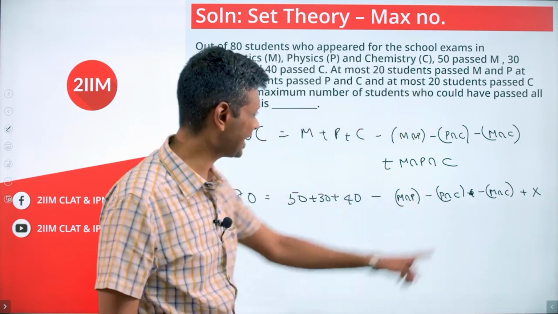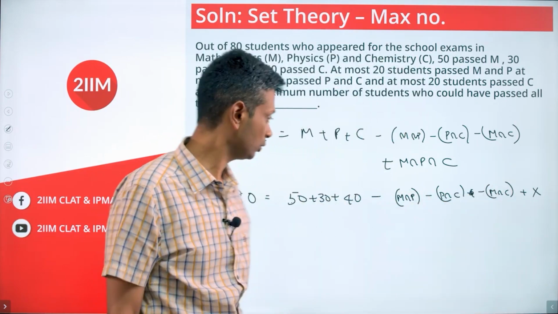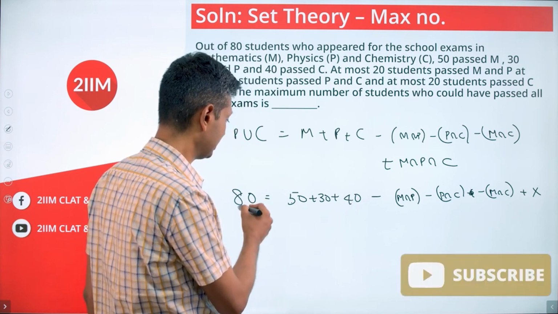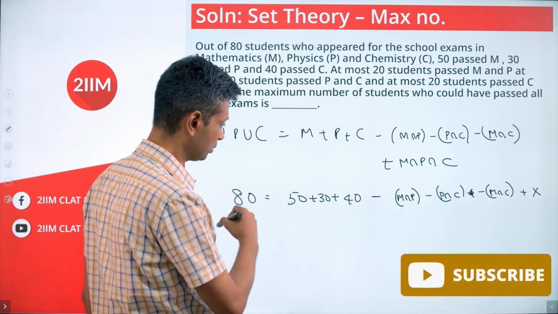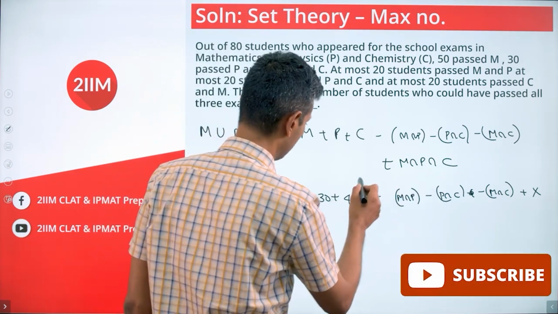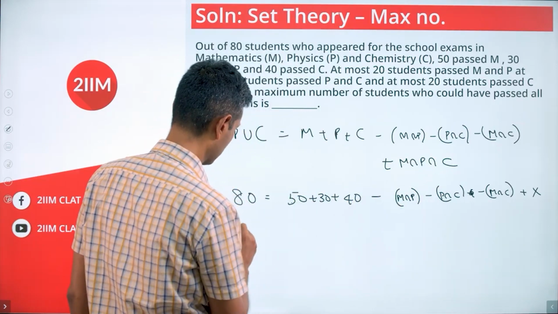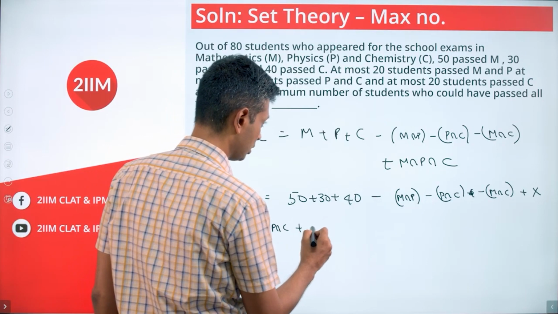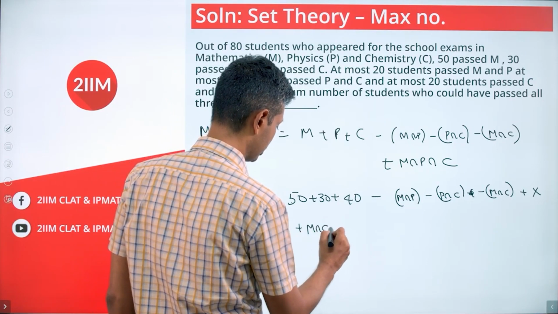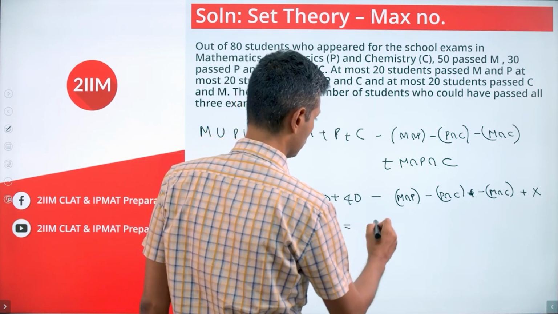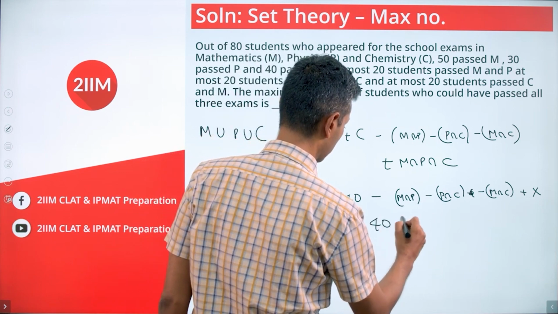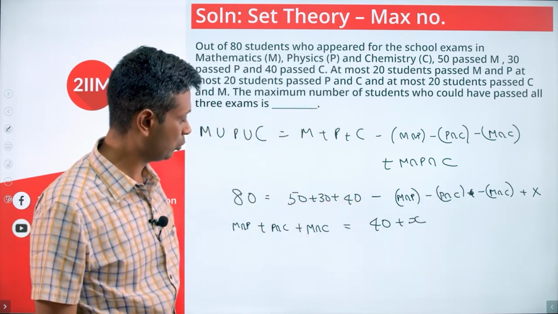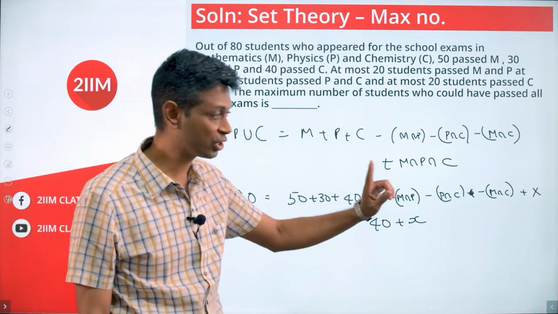We want to have x as high as possible. 50 plus 30 is 80, plus 40 is 120. This side is 80. Bring this whole thing to this side. M intersection P plus P intersection C plus M intersection C is equal to 40 plus x. And so we want x to be as high as possible.